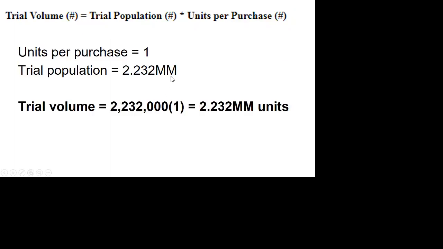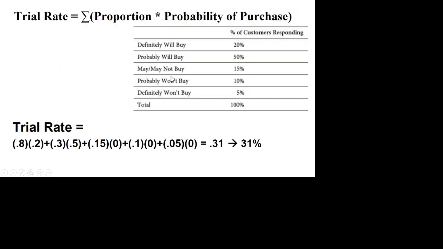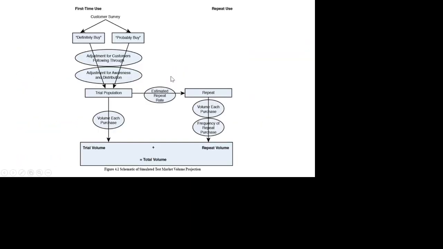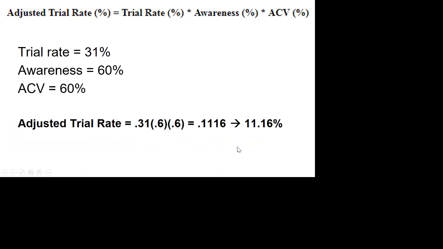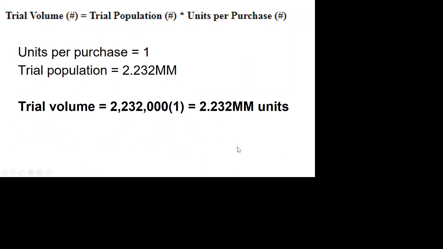But if you remember back, we go all the way back here, we just determined trial volume, but we also want to determine our repeat volume. You know, what is the number of units sold to people who are not triers, not first-time buyers, people that have come back. So that's what we're going to do now. So we're going to calculate repeat volume.